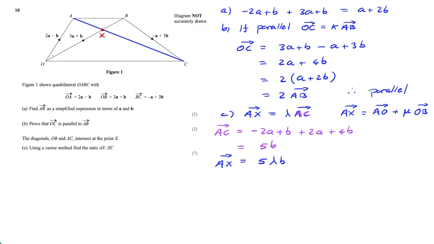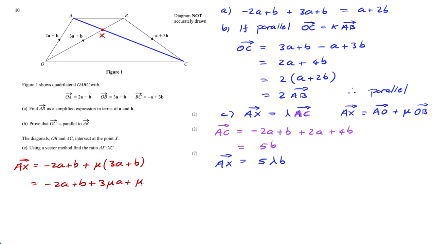AX is also equal to AO, which is, again, minus 2a plus b, careful, plus mu times OB. Now OB is 3a plus b. So this is minus 2a plus b plus 3mu a plus mu b.